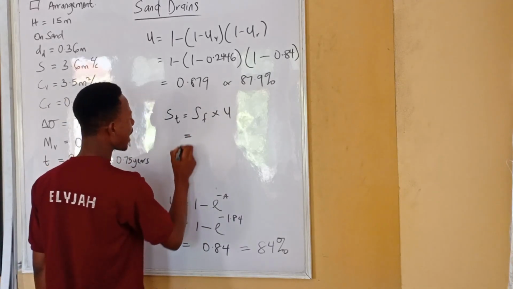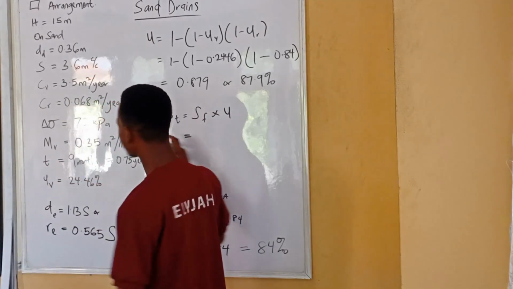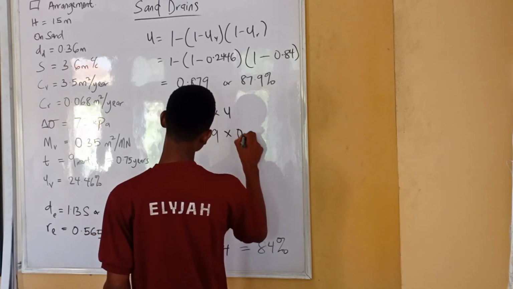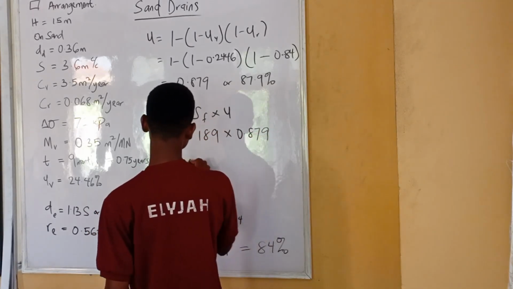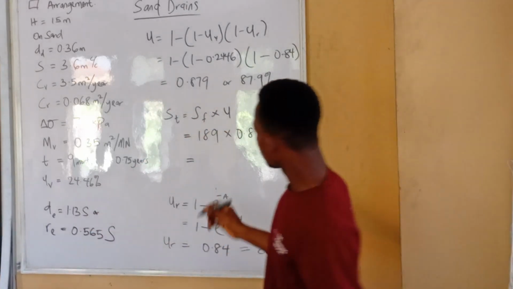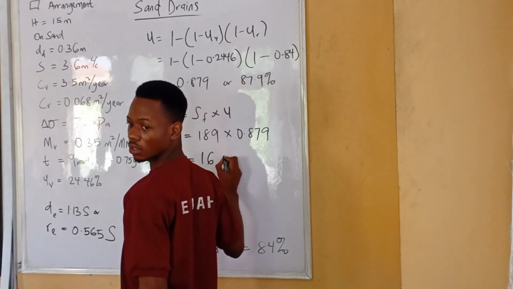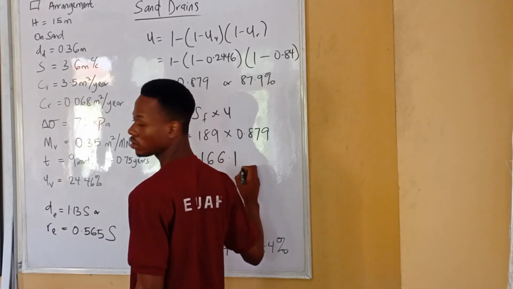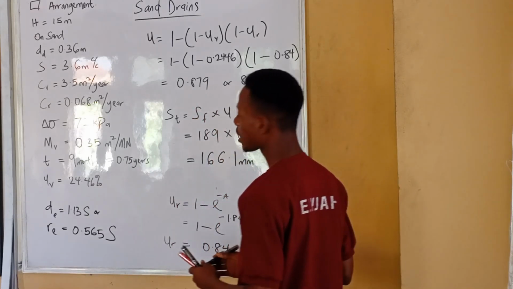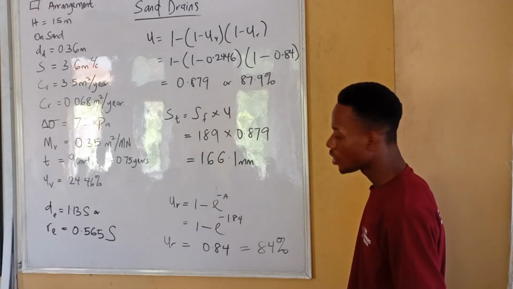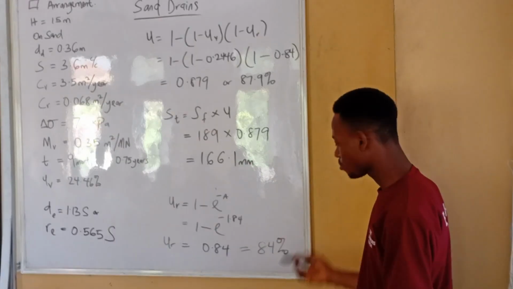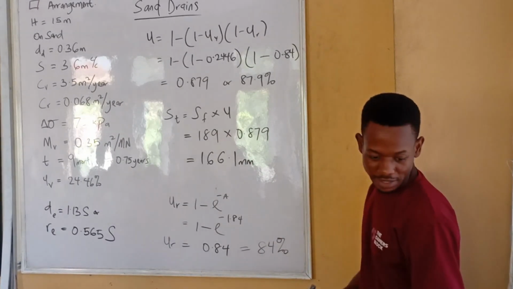So our ST, which is S for 9 months, is equal to our SM 189 multiplied by 0.879, which is equal to 1.1. So that means we have our SM from before, yes, at the beginning. So that means at the end of 9 months, we have this settlement. And that's where we stop.